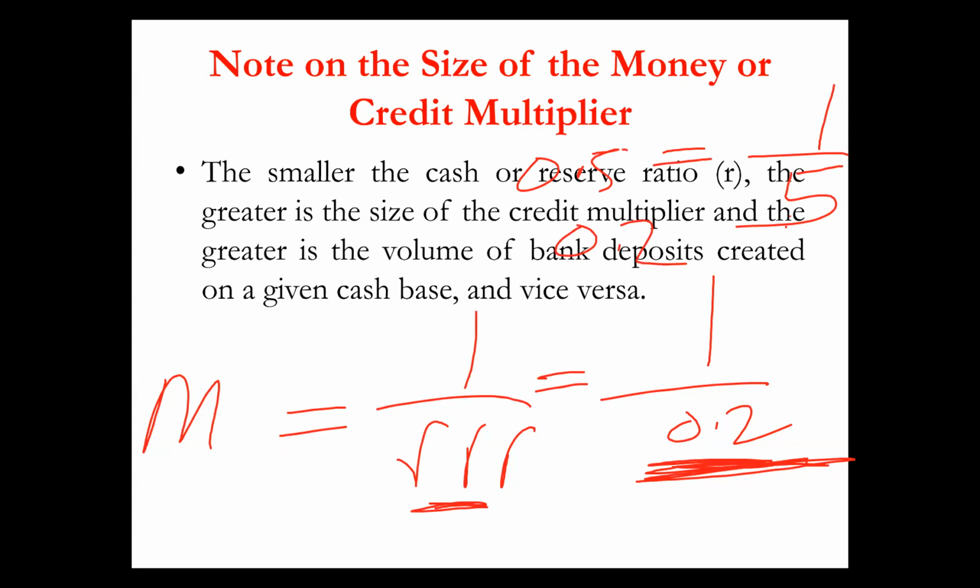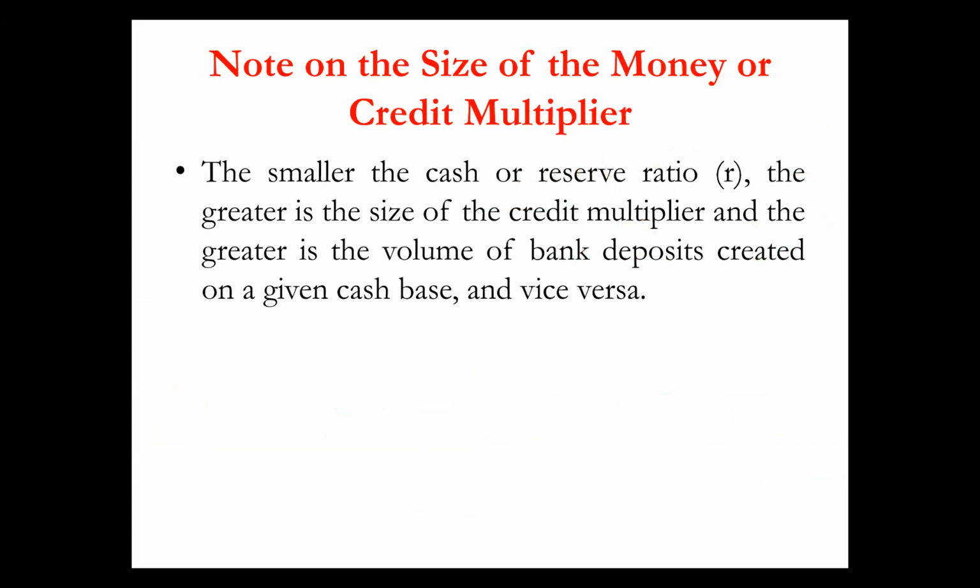It has reduced, right? So the conclusion we are drawing is that if the reserve ratio is big, then the multiplier will be small. But if the reserve ratio is small, then the multiplier will be large, will be big. The credit multiplier or the money multiplier is the same name, it's just one and the same thing.